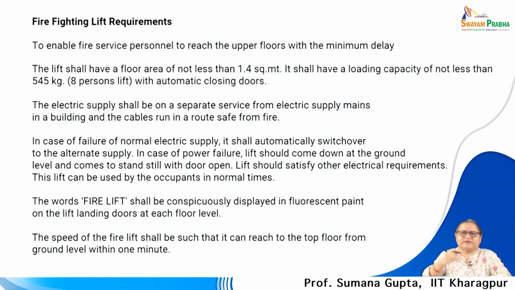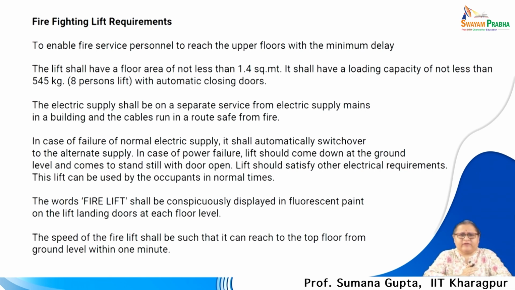So, the buildings which come under high rises need to have a fire lift, which is a minimum of 8 passenger capacity lift, and the electric supply to that lift is mandatorily separated from the rest of the building. So, it is a very essential service in case of fire or any emergency in a building.